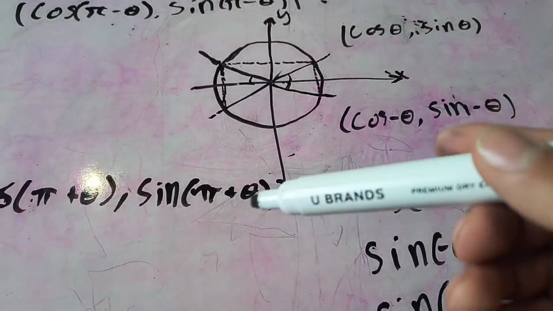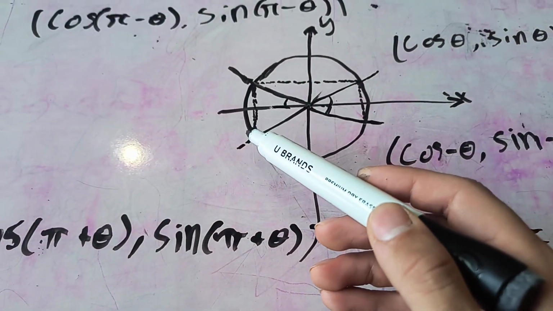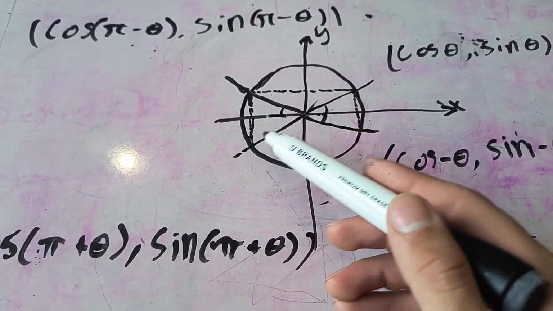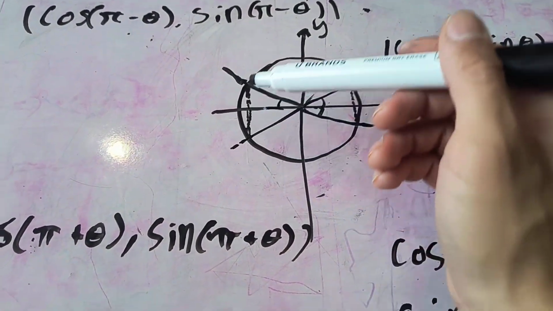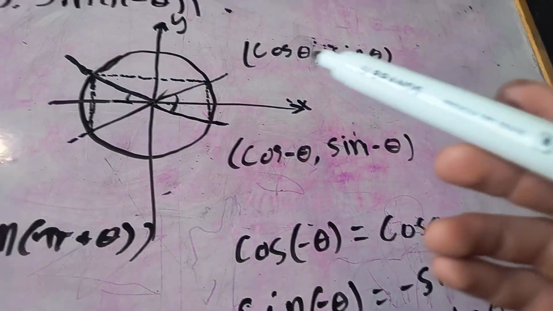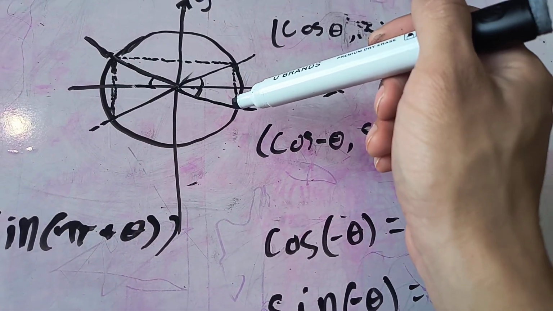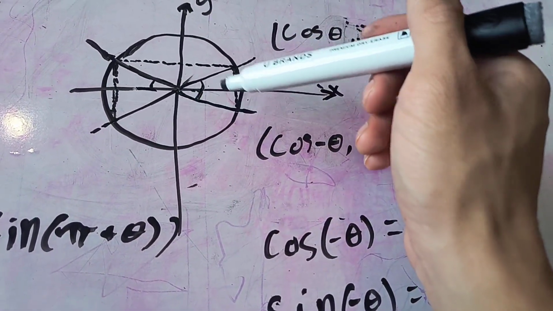Boom. Okay. But this x-axis point is going to be the negative opposite. It is going to be the same thing as this x-axis point, but negative.